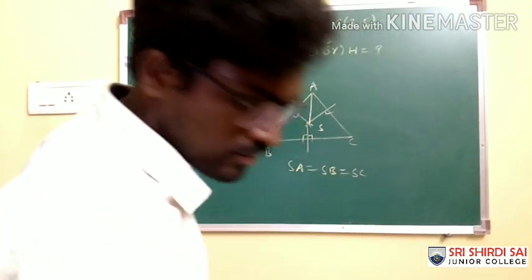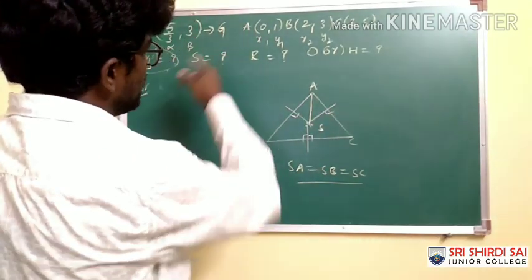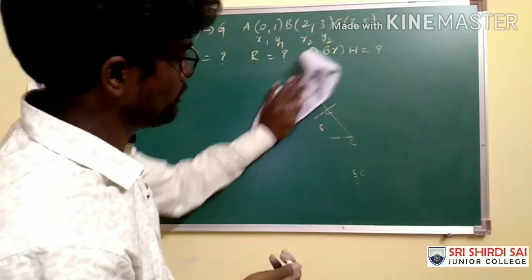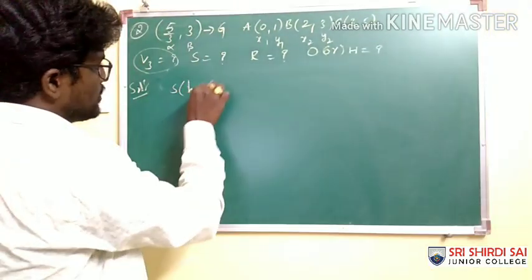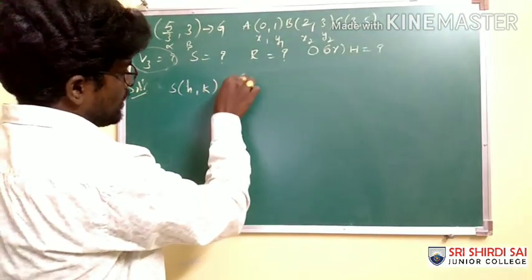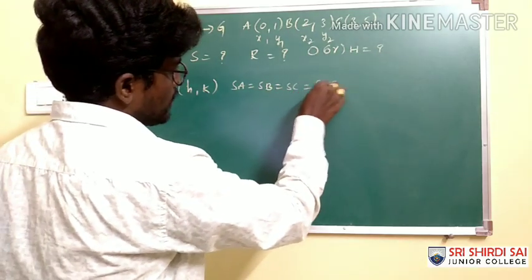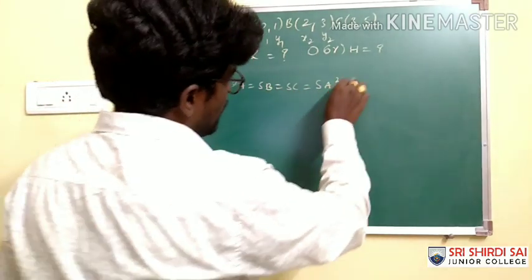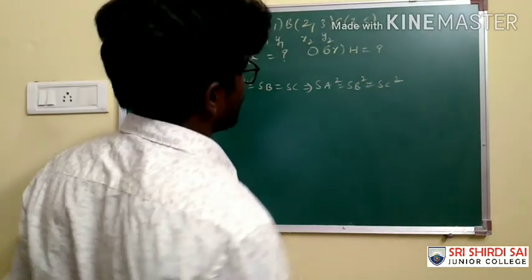Hope you remember this. Fine. With the help of this equality, let's calculate the coordinates of the circumcenter. Let us consider the circumcenter is some h comma k, since we are not aware. What is the condition I have told you now? SA is equal to SB is equal to SC. With this, we'll write SA square is equal to SB square is equal to SC square.